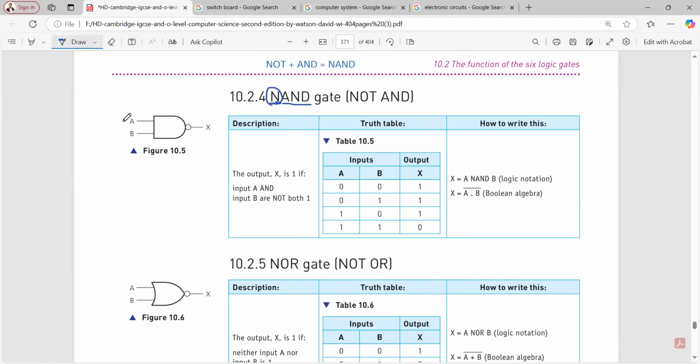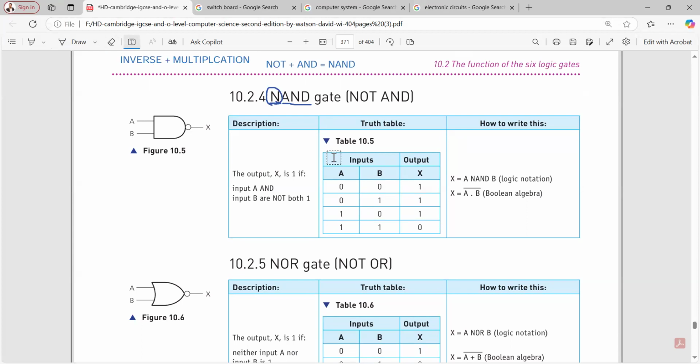So this is going to be your number of inputs. And now listen here. NOT AND. Remember, what happens in AND? That means inverse plus multiplication, right? Because this is NOT AND. So 0 multiplied by 0. What is the answer? 0, and make it inverse: 1.